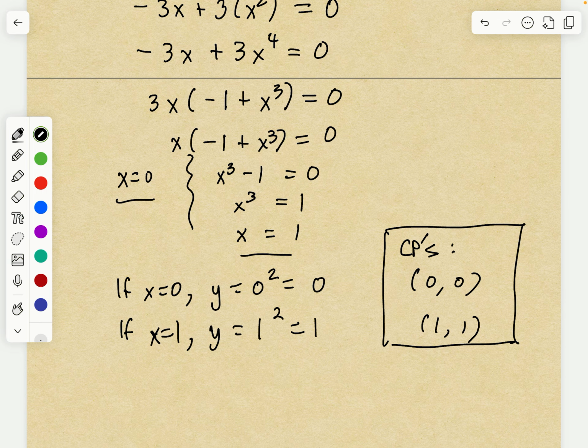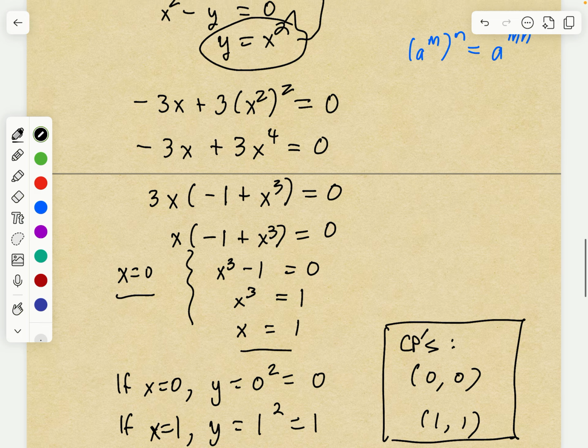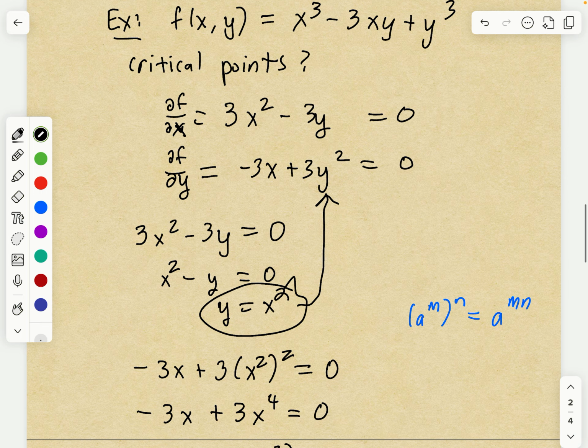And then once you solve for x, you solve for y. You can plug x into either equation and figure out what y is equal to. Or since we found in this case that y is equal to x squared, that makes it even easier.